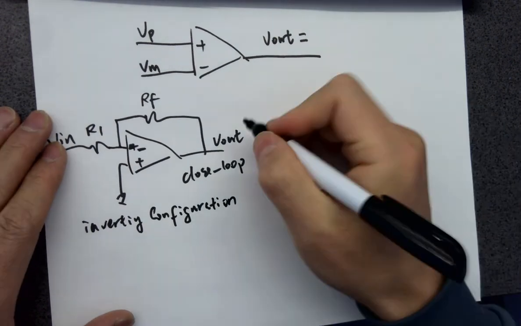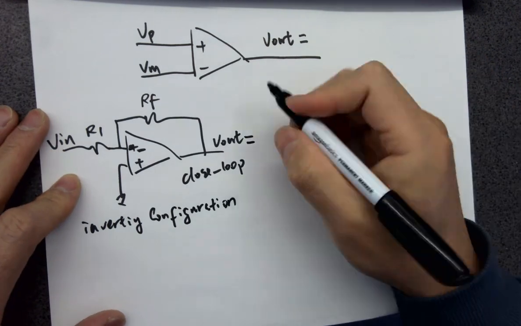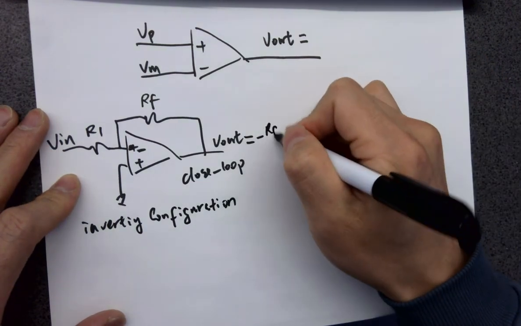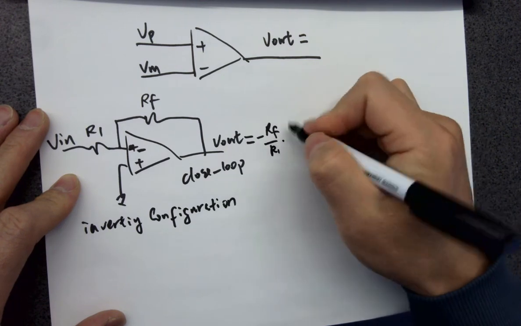And what's the voltage gain here? VL equals what? Minus RF over R1 times V in.